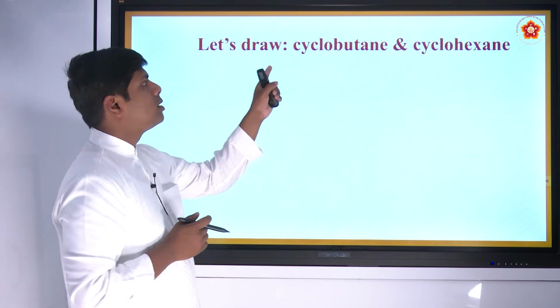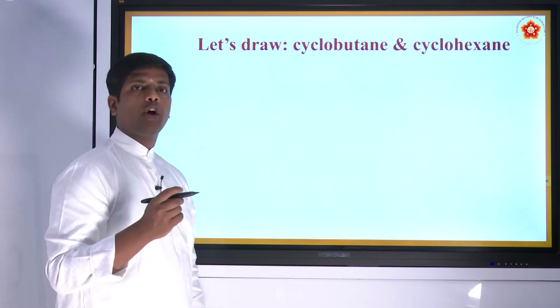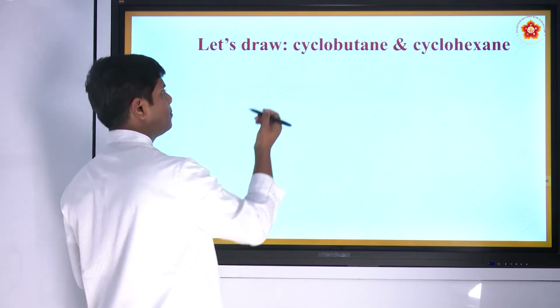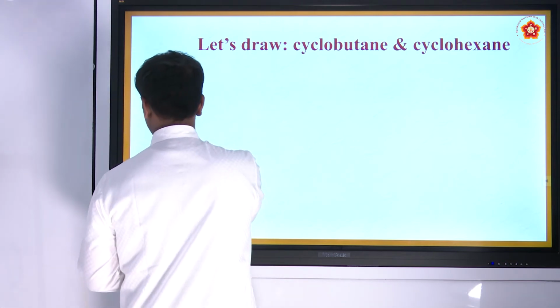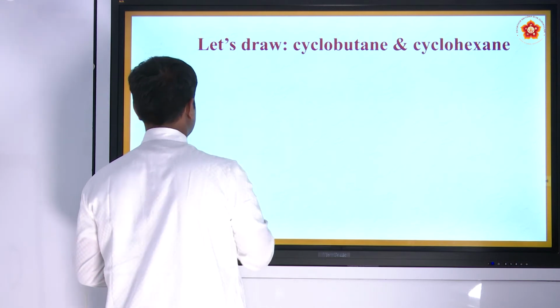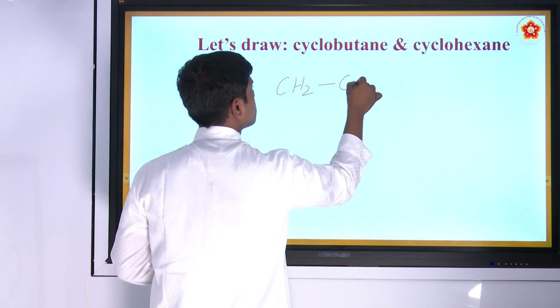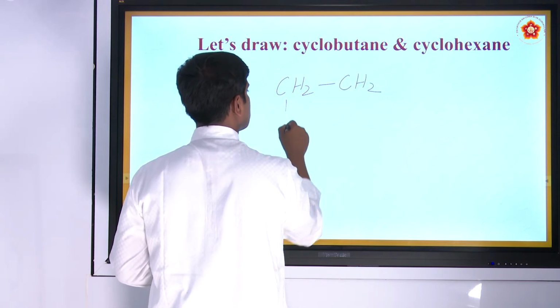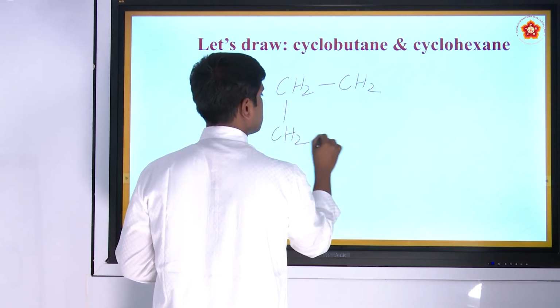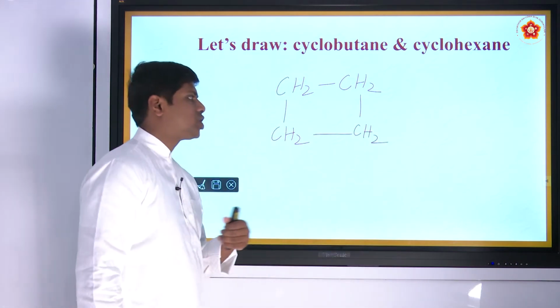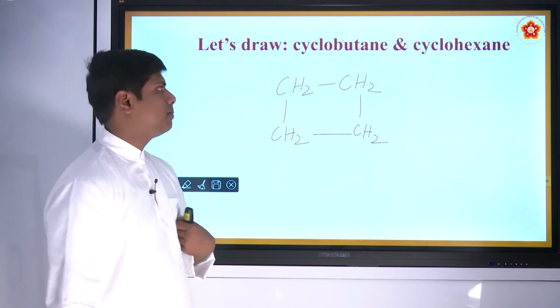Let us draw cyclobutane and cyclohexane. Can anybody try to draw these structures? Cyclobutane. This is the structure of cyclobutane.